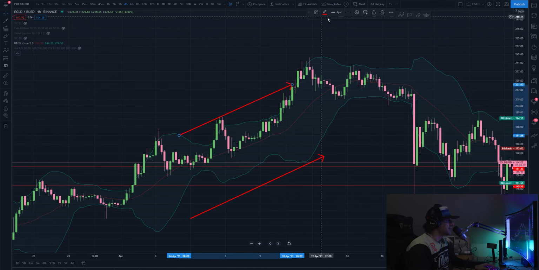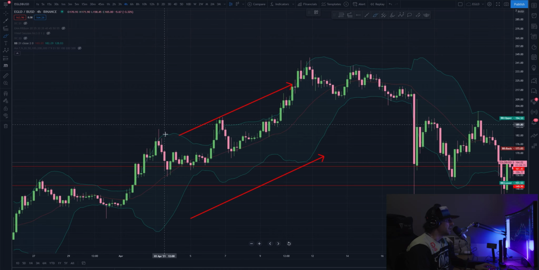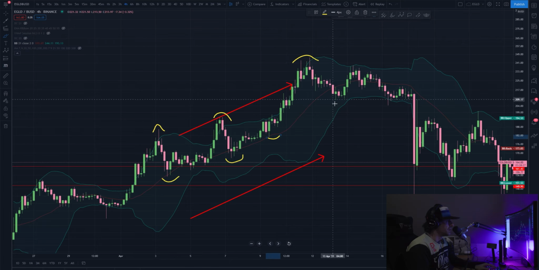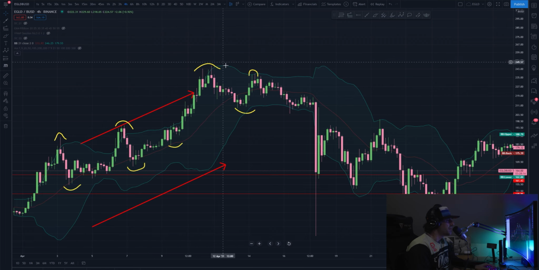As you can see right here, we have a higher high, and lower low, higher low all the time. When you start to see a lower high, you can question yourself: is the trend changing, or what is going on?